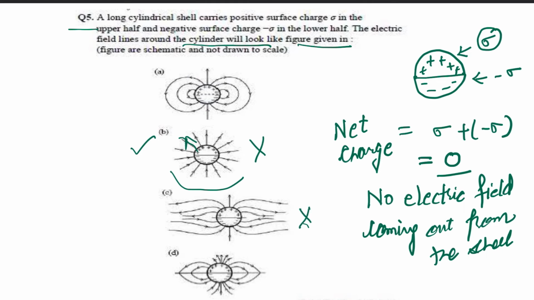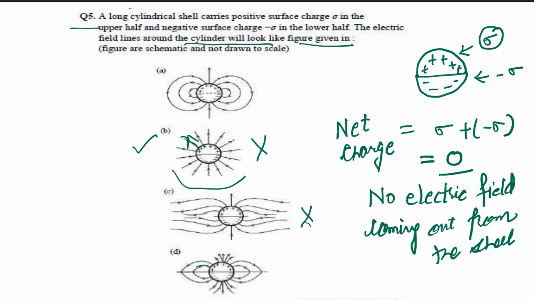This is incorrect because the net charge is 0. And for the fourth option, they have drawn 2 loops here. The electric field line starts from the positive charge and ends at the negative, but they have drawn 4 lines in the upper portion going out from the positive charge, and in the bottom portion 4 lines coming toward the negative charge.